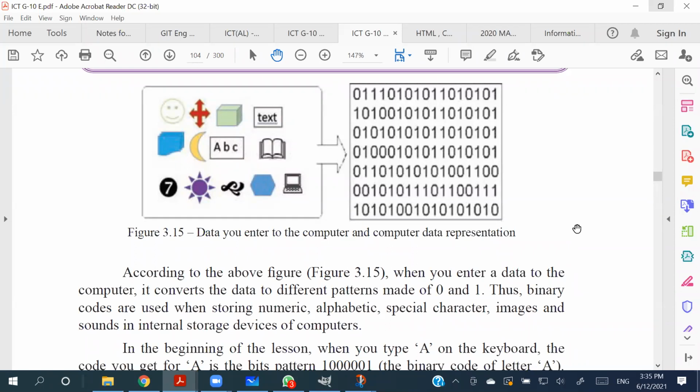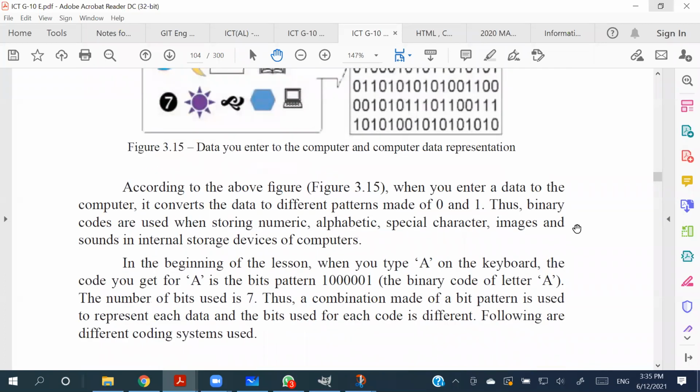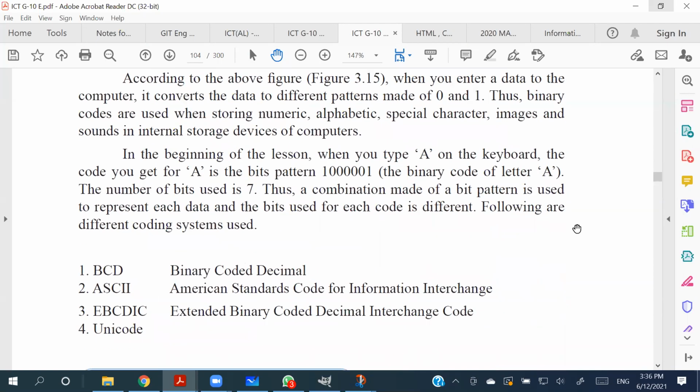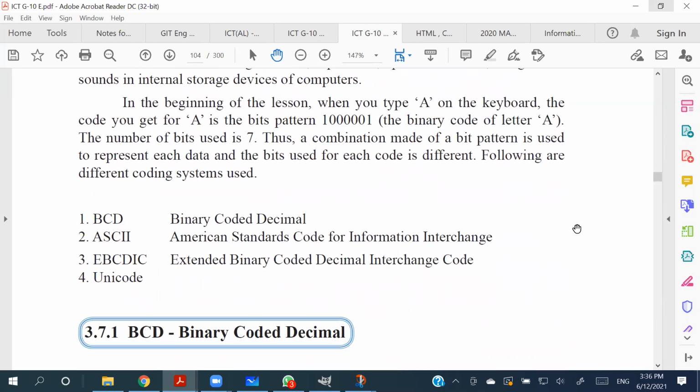So again, it is numbers that we are using, right? But in a way, they have used the characters inside the number systems to represent different kinds of things, right? We are going to discuss these 4 different coding systems, which are called BCD, ASCII, EBCDIC, and Unicode, right?